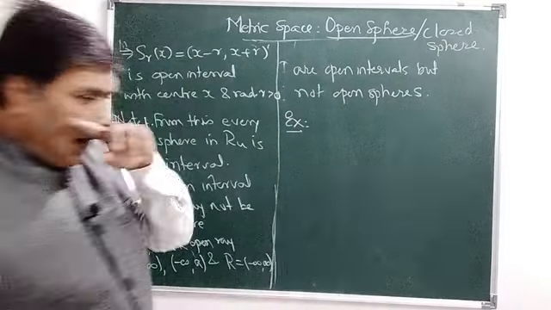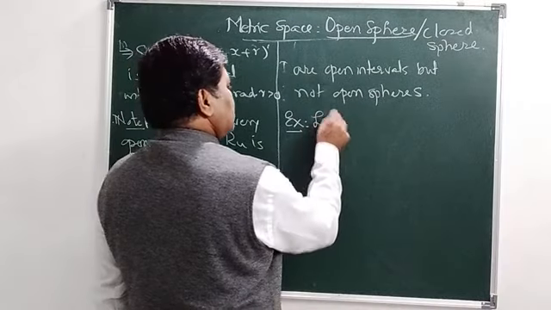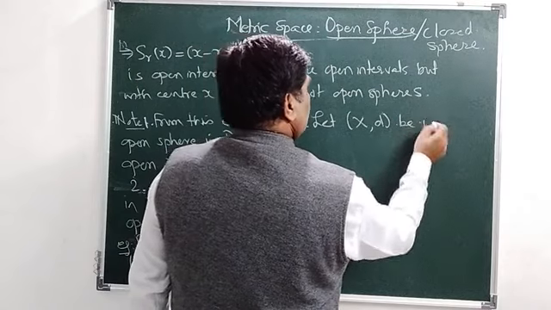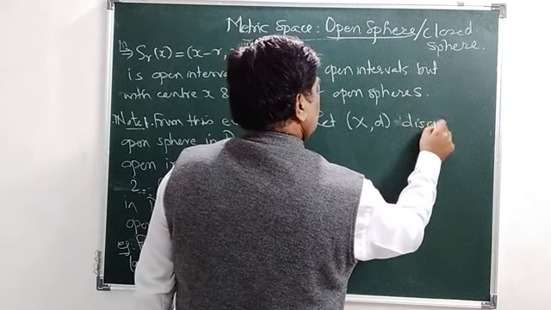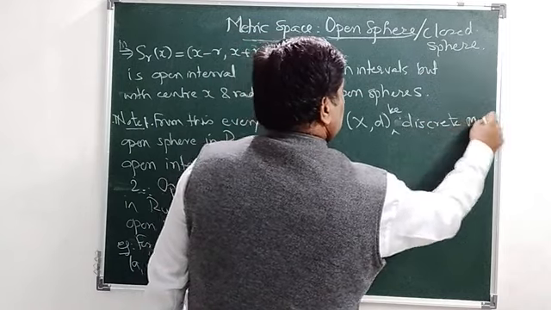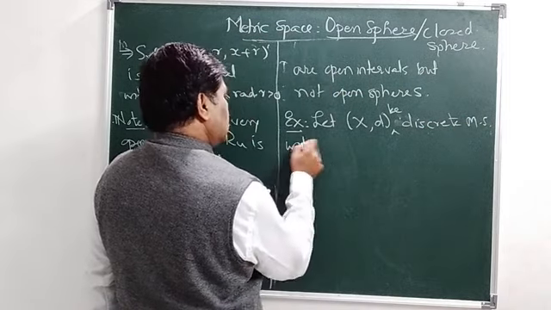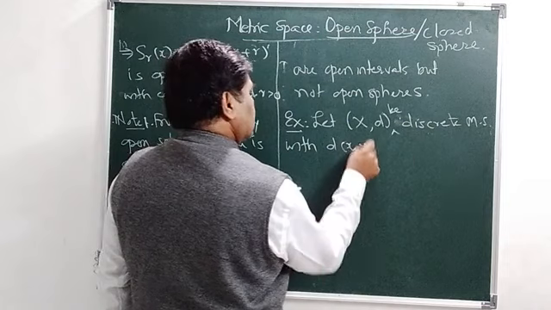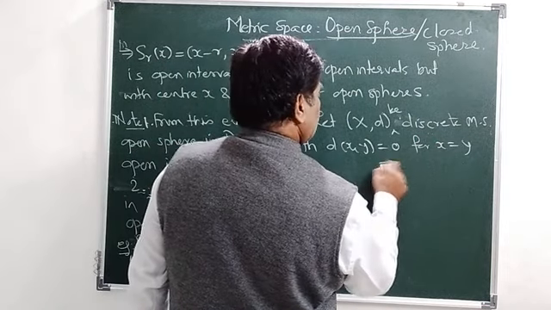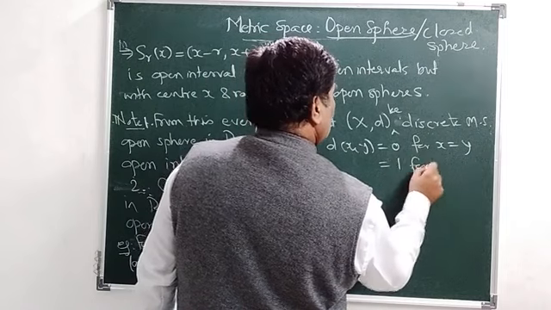Next example. Let (X, d) be a discrete metric space, with d of x, y equal to 0 for x equal to y and 1 for x not equal to y.